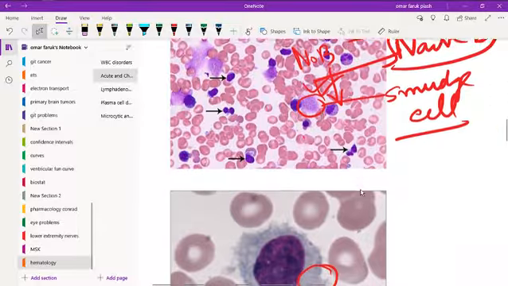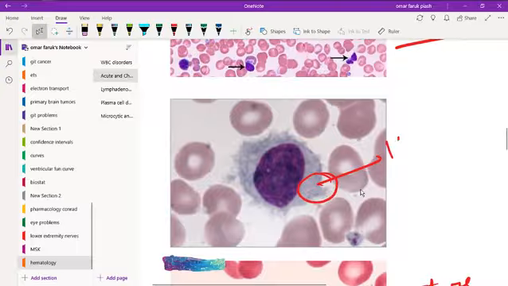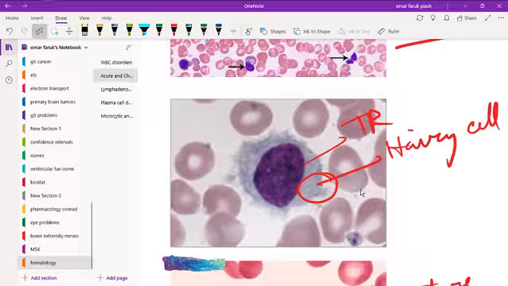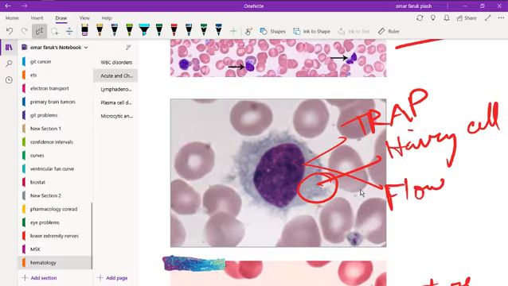In hairy cell leukemia, what you have to remember is that there is neoplastic proliferation of the mature B cell. It is TRAP positive, tartrate resistant acid phosphatase positive, and you can confirm by flow cytometry.